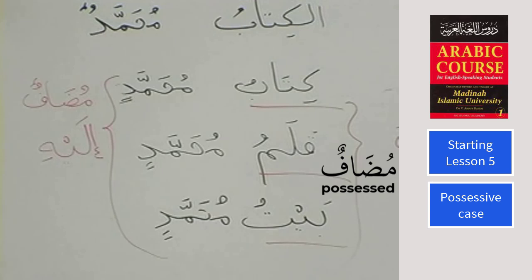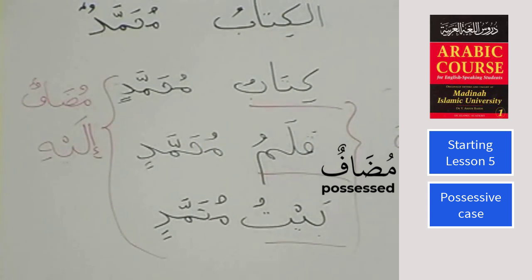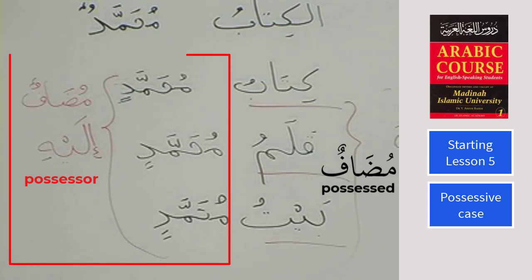Now we want to observe it. I observe here that the mudaf ilayhi, which you will also find in the key as the possessor. What do you see, brother? I have been always telling you that the Arabic noun declines in three states, cases. It is kasra. So what is it? Majroor.